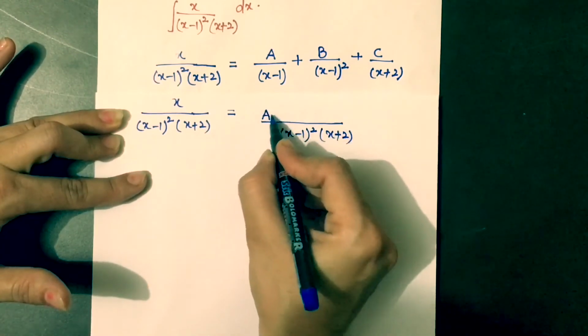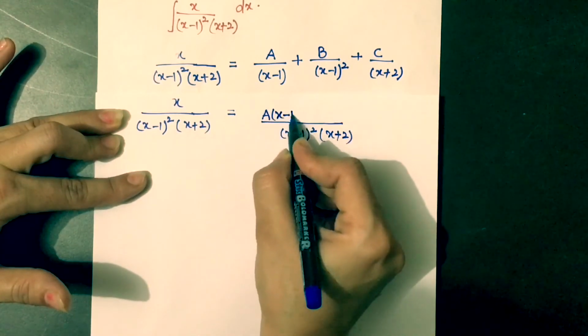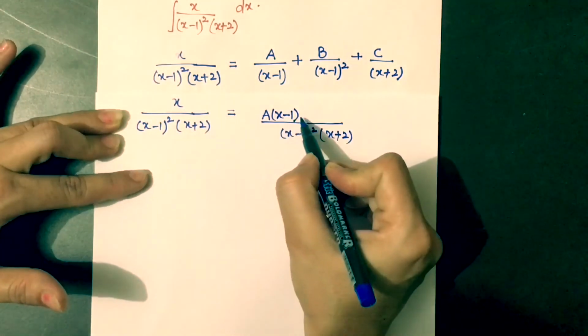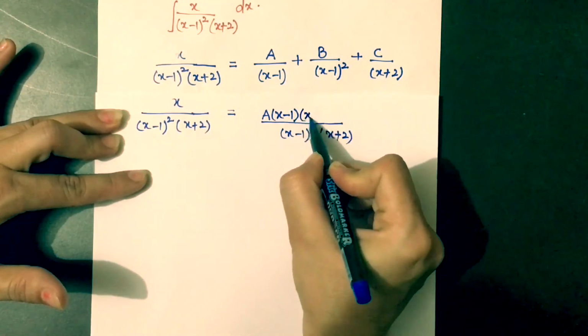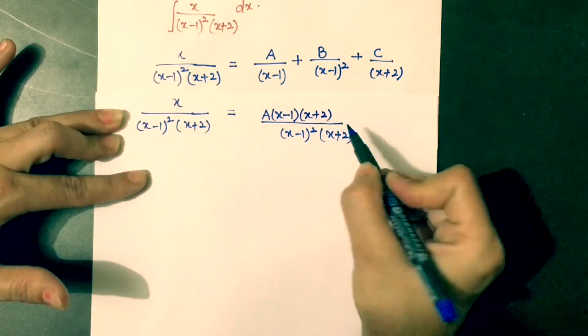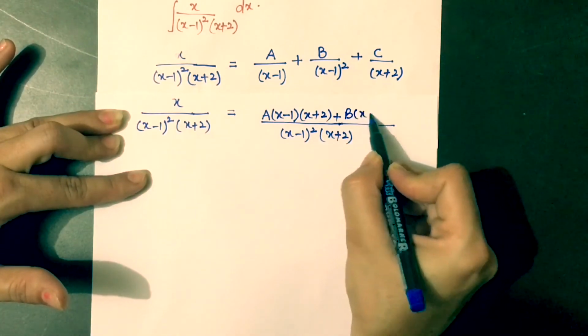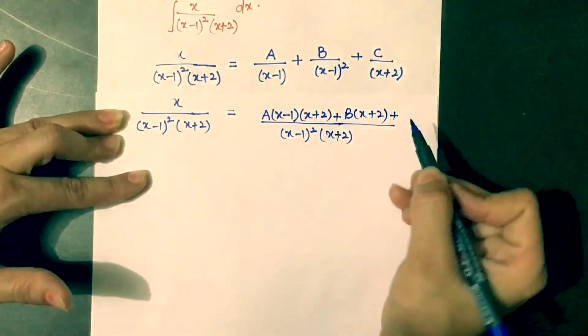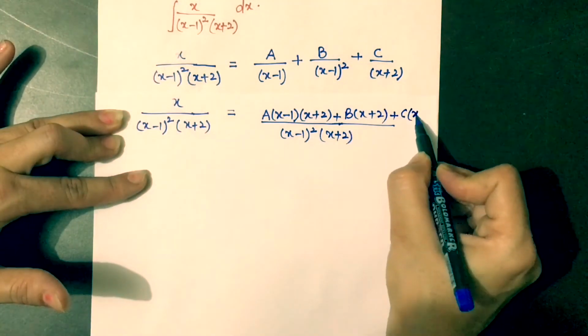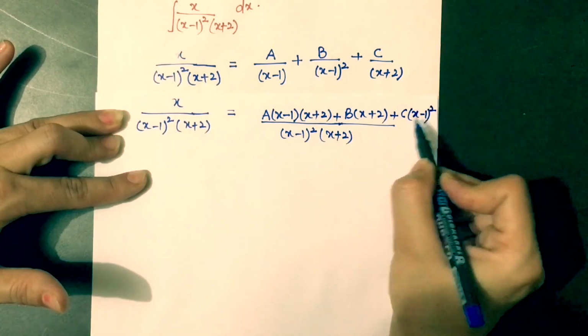A will take two factors, a into x minus 1 and into x plus 2, plus b will take only one factor, that is x plus 2. Again c will take two factors, that is x minus 1 whole square.